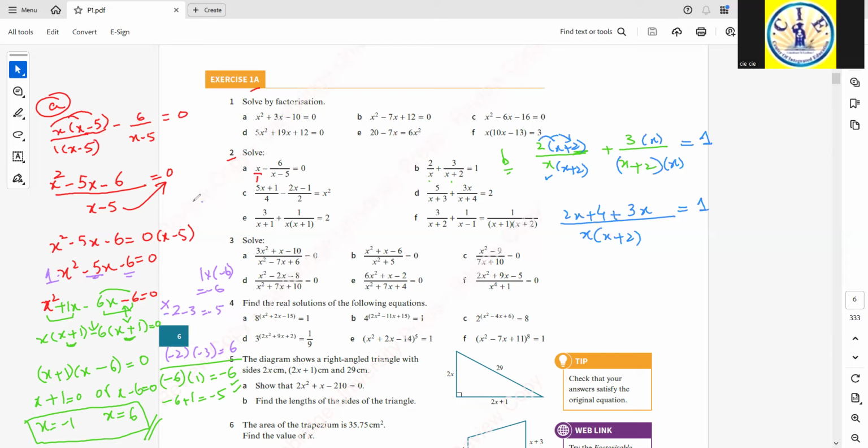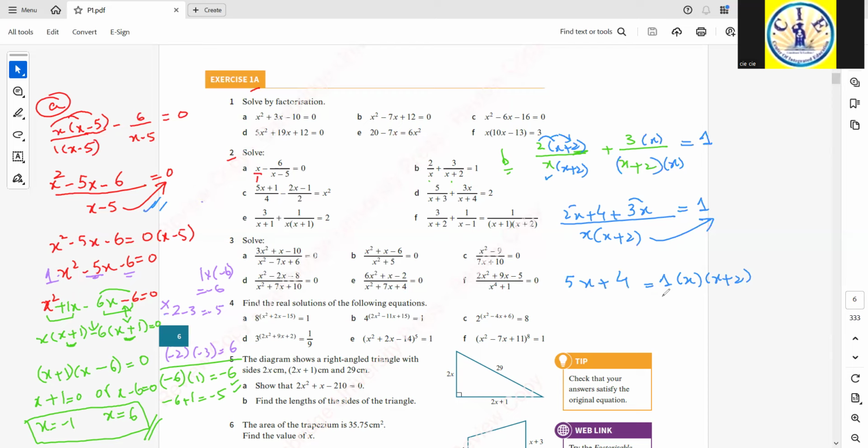And now again, like this step, I need to shift this to the other side. So 1 times x plus 2. And on the left side, let me solve 2x plus 3x, 5x plus 4.